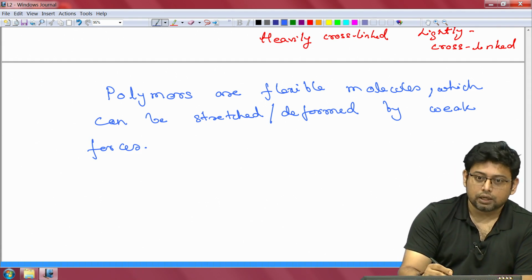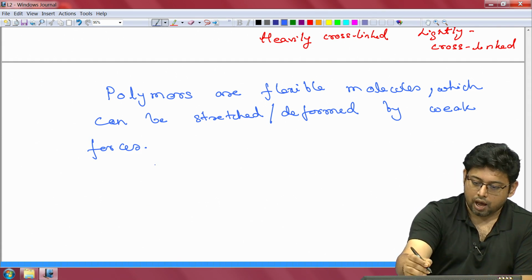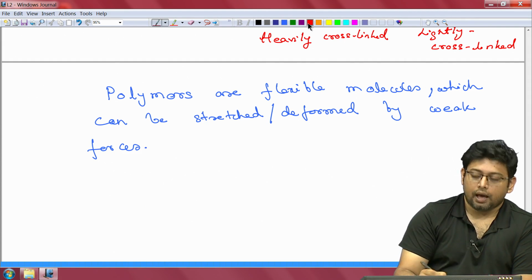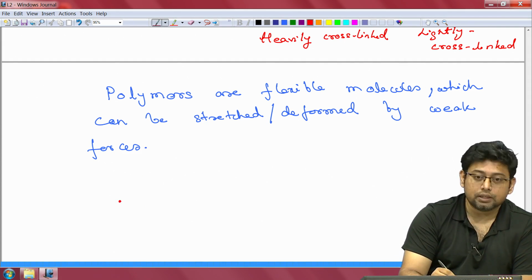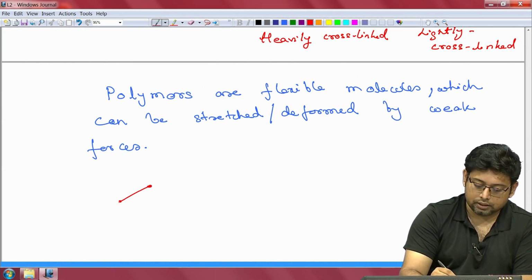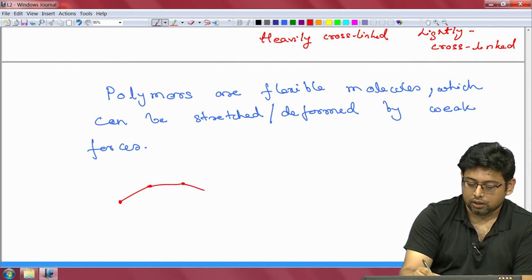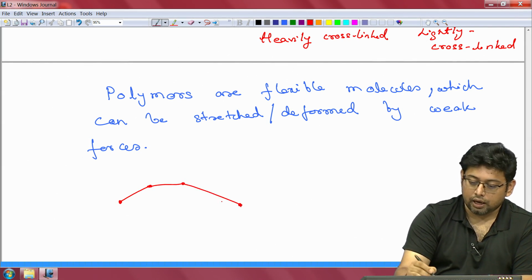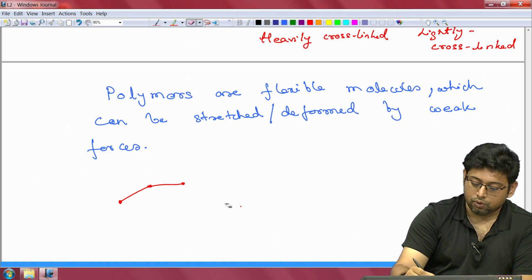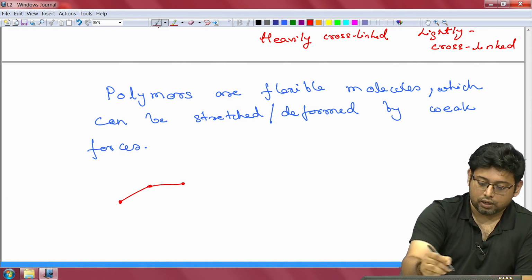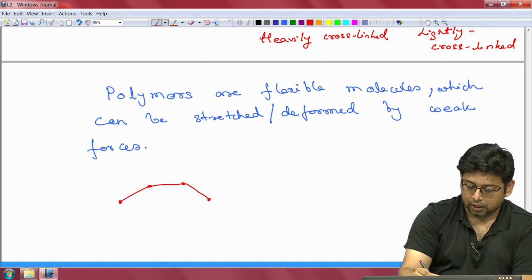So, let us consider a situation where you have a polymer molecule, and let us say it consists of n segments. Let us say this is some atom joined to another one, joined to another one, and so on. Let us just say these are approximately equal segments.